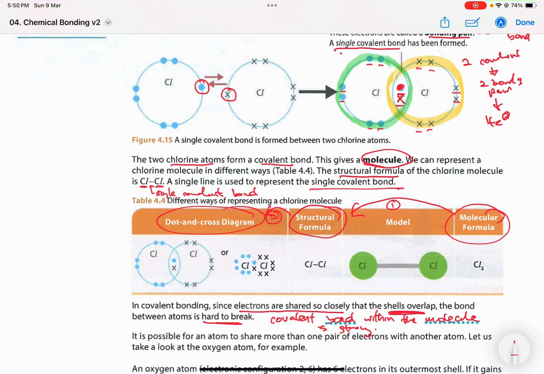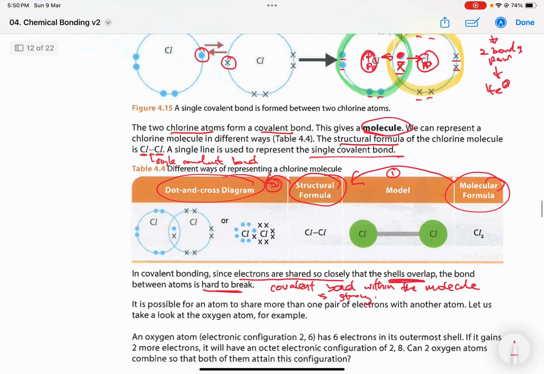The chlorine here has many protons inside, and the nucleus here also has protons inside. So the protons are tugging onto the electrons, very close to them and holding them very tightly. So your covalent bond is actually the attraction between the nucleus of each atom in the middle of the atom, and the shared electrons between the two atoms. So this covalent bond is actually a very strong bond.